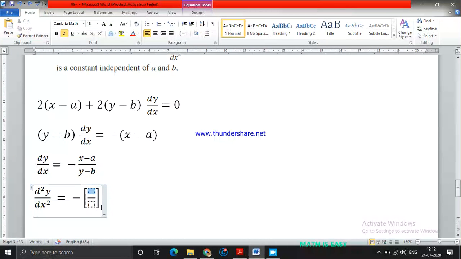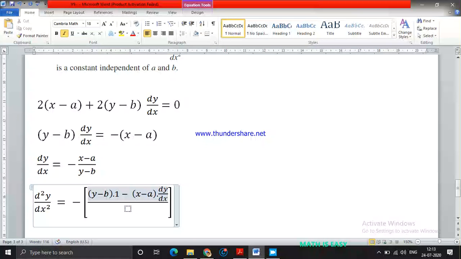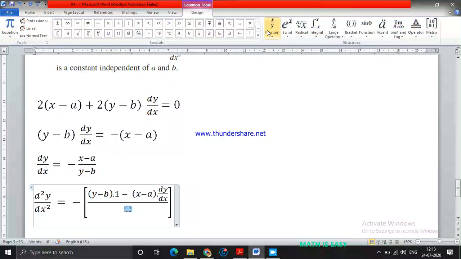So what does the u by v formula say? V, that is y minus b, into the derivative of u. The derivative of u is 1, minus u, that is x minus a, into the derivative of v. The derivative of v means here I'll get dy upon dx, upon v square.